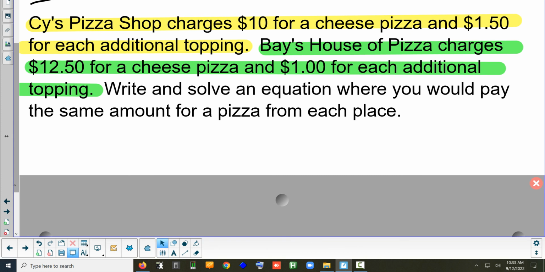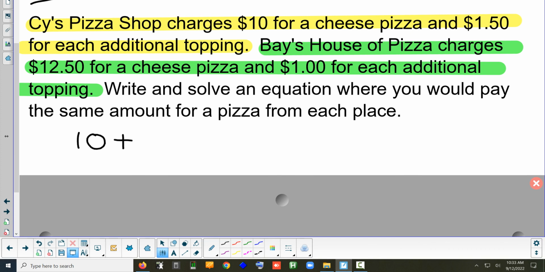Size Pizza Shop. How much money do we pay for a pizza if we get it from Size Pizza Shop? Yep, $10. Now, is that all we pay for? What else do we have to pay for if we choose to get these? Yep, we got to pay for toppings.